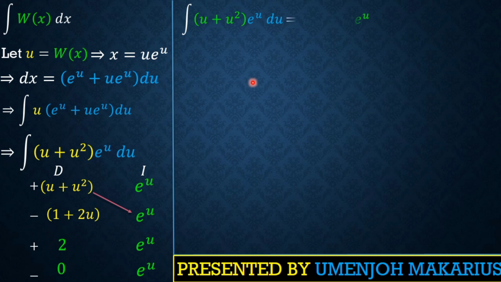So we're just going to have u plus u squared times e raised to the power u. Then multiply this other diagonal, and this negative here. Take note, so we are going to have negative 1 plus 2u times e raised to the power u. Great. Then multiply the last diagonal, we are going to have positive 2 times e raised to the power u. Great. That's what we have, friends.